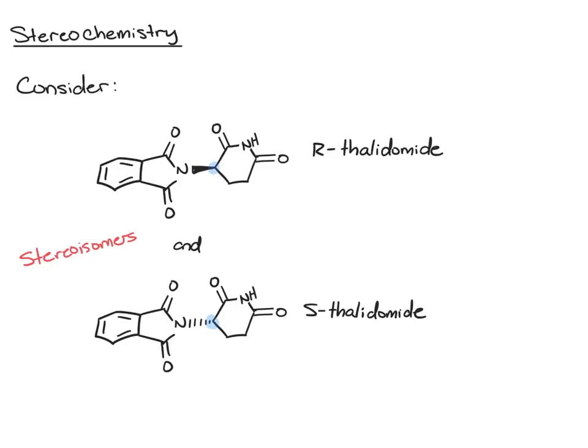But between these two stereoisomers, the R version is completely harmless, while the S version is a teratogen, which means it causes birth defects.